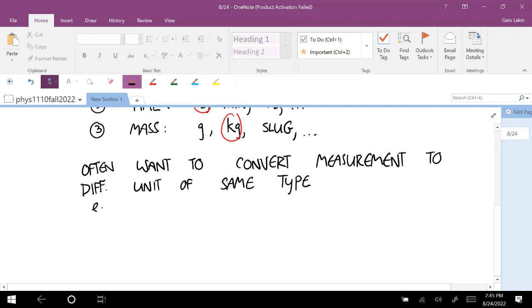So for example, how many inches are there in 3.5 feet?